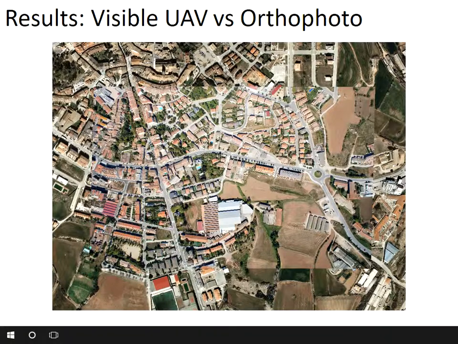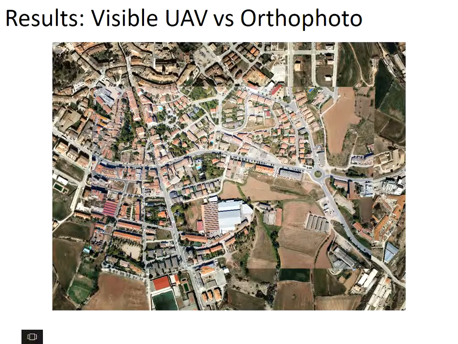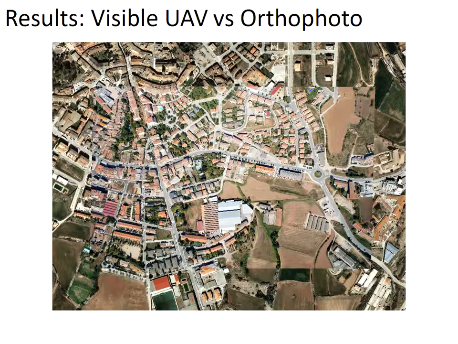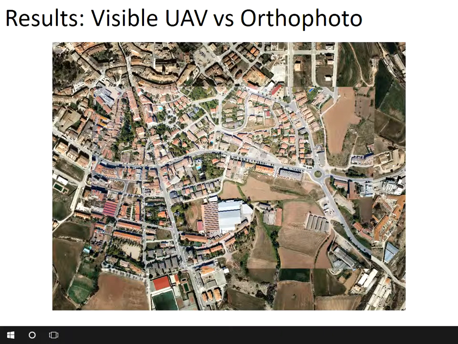But in the best areas, it's around 3-4 meters. So although it's not a good precision, it's enough for some kinds of applications, like the emergency application we were talking about, in which we just want to locate some emergency points and not do a proper geometric transformation.